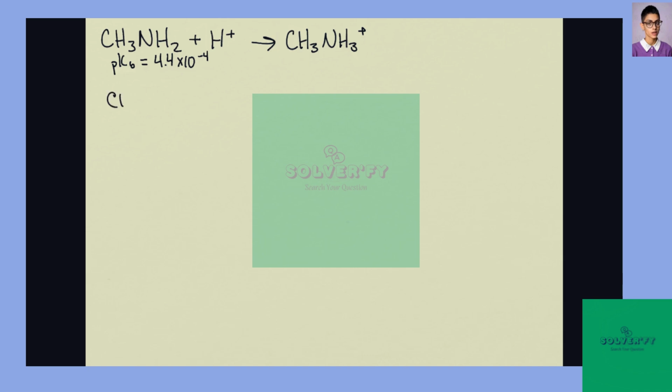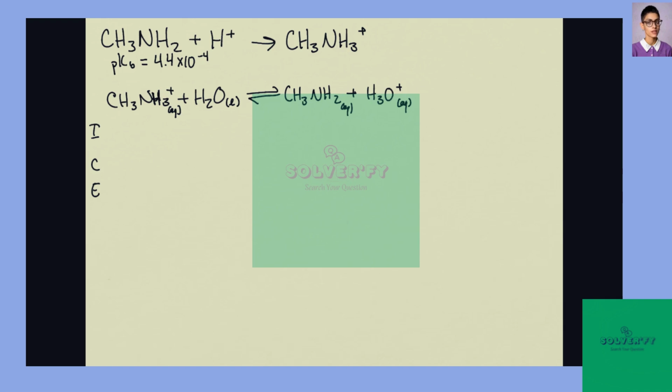CH3NH3+ plus the water that is in the solution goes to CH3NH2 plus H3O+. And these are all in the aqueous phase, other than water, which is a liquid. And now we can set up our ICE table.